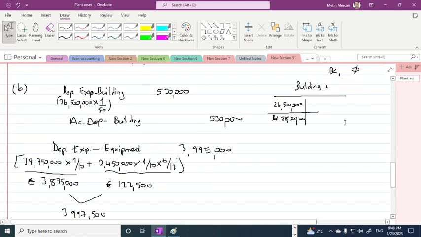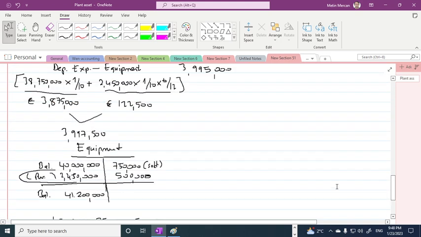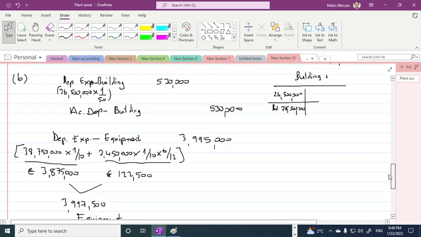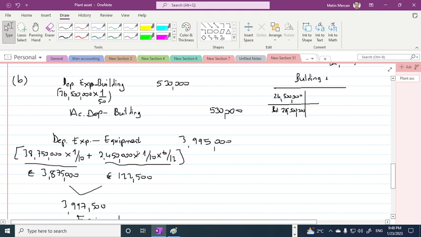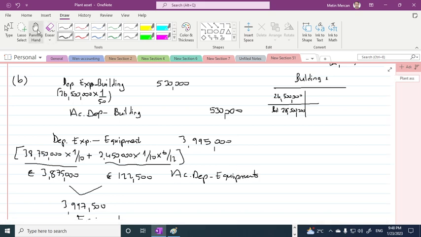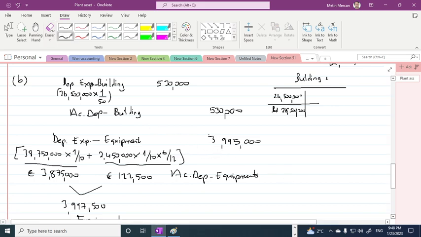Okay. In this case, what we have is an accumulated depreciation for the equipment. So debit and the credit again, $3,997,500.